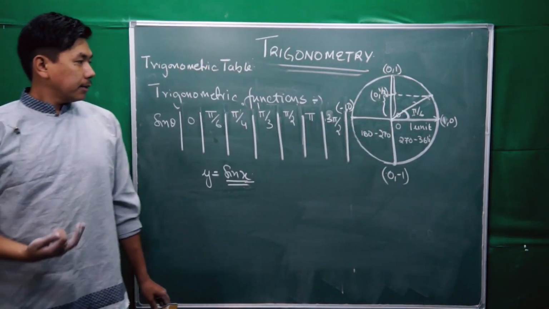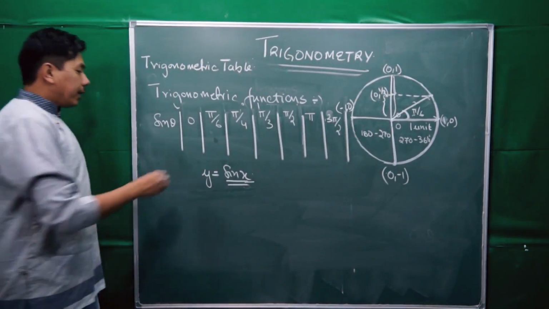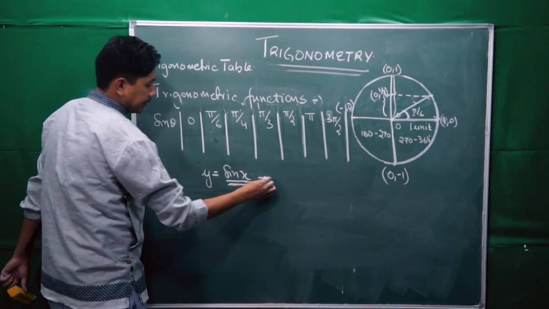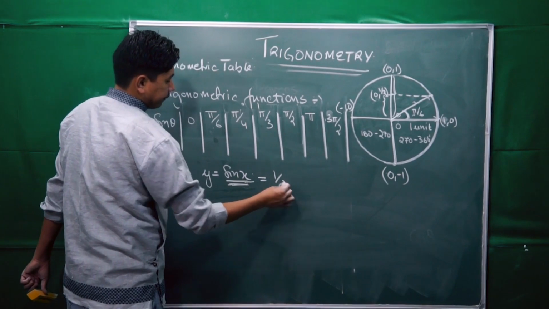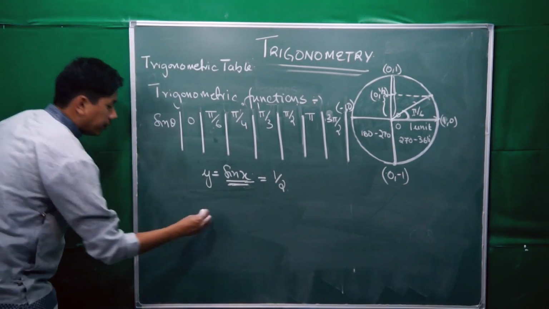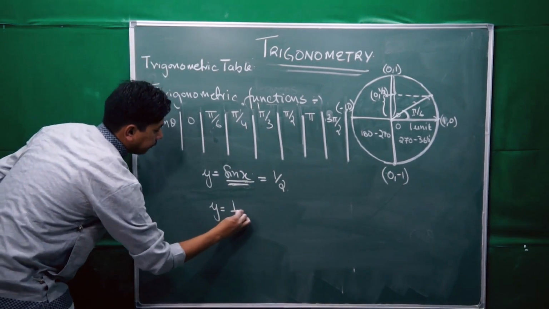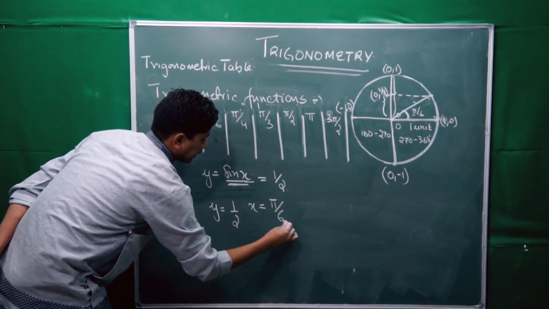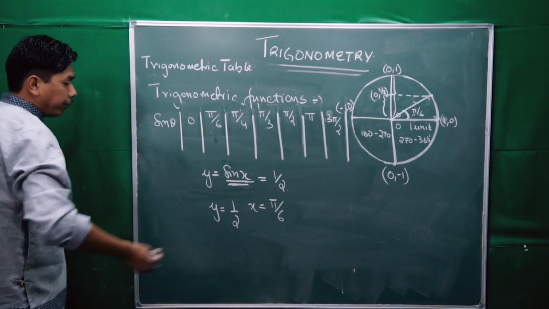Okay. Simple. So we know that at pi by 6, the value of sine x is half. Okay. So y equals half when x equals pi by 6. Okay. So let's move further.